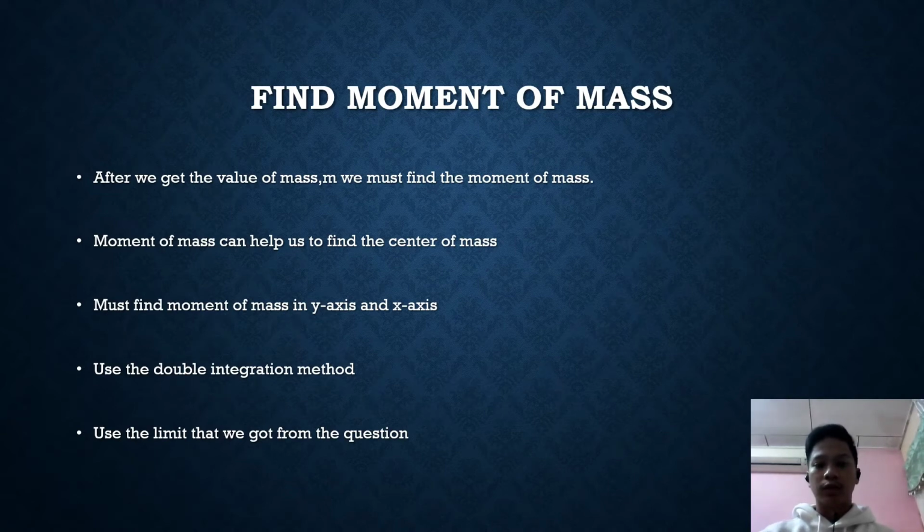This is because the moment of mass can help us to find the center of mass, which gives us the coordinates to answer this question. So before we find the center of mass, we need to find the moment of mass about two axes, which are the y-axis and x-axis.